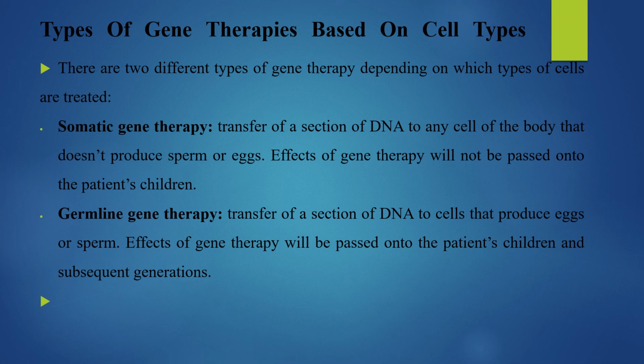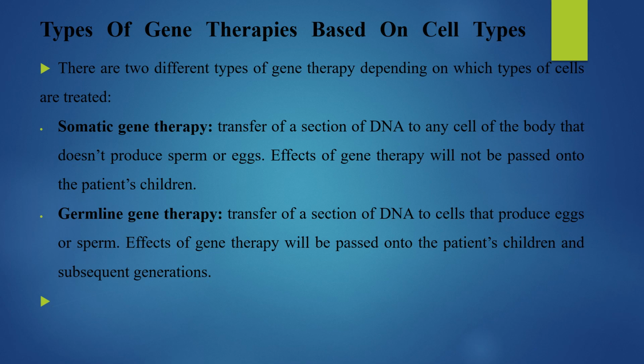Now, there are various types of gene therapies based on the cell type. So basically, there are two types: the somatic and then the germline. For somatic gene therapy, you transfer a section of DNA to any cell of the body that doesn't produce sperm or eggs.